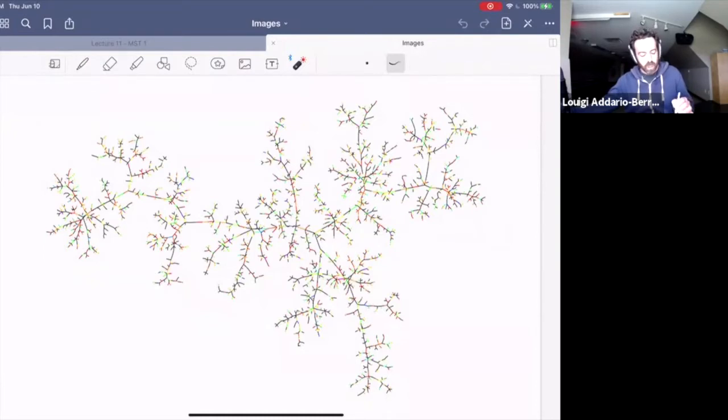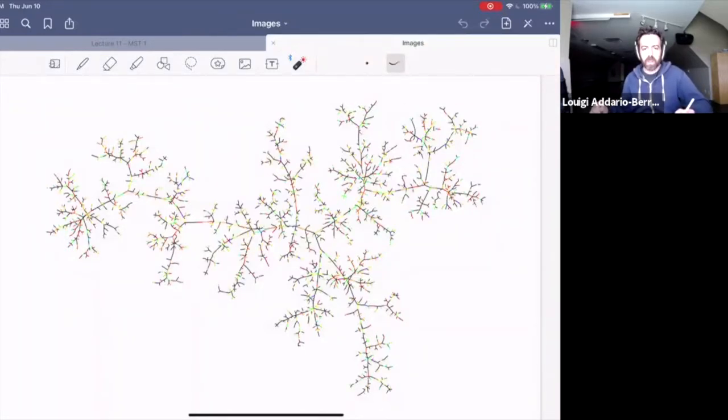So if you only care about branch points which have at least 1% of the vertices in every direction, then you would never see a branch point of degree higher than 3. That's a theorem. Okay.